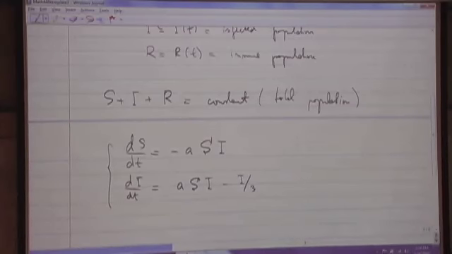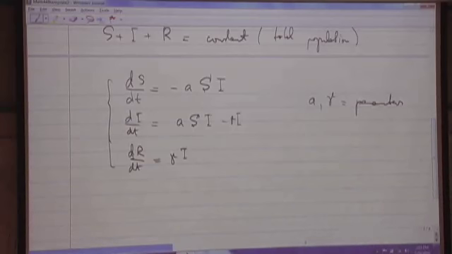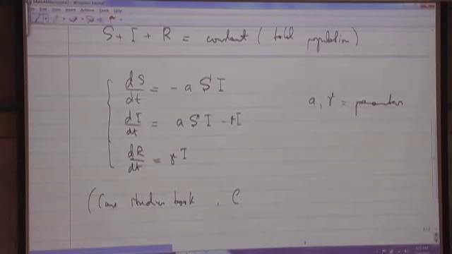Which book is this problem from? This is from the case studies book by, I think, the authors are Caldwell and G. Okay.